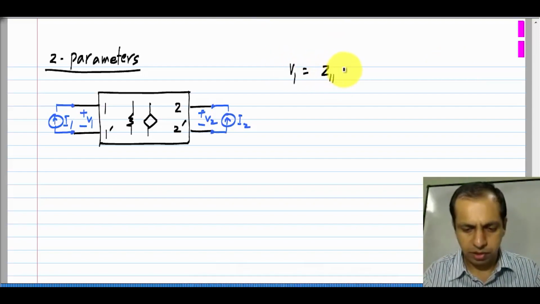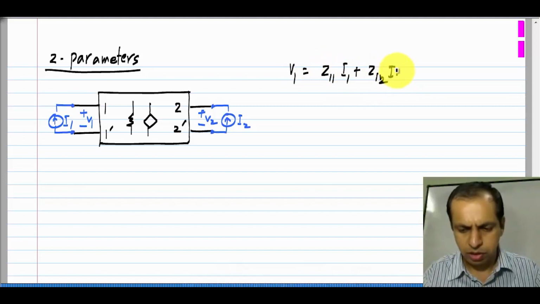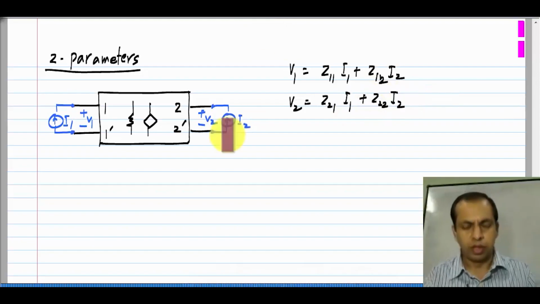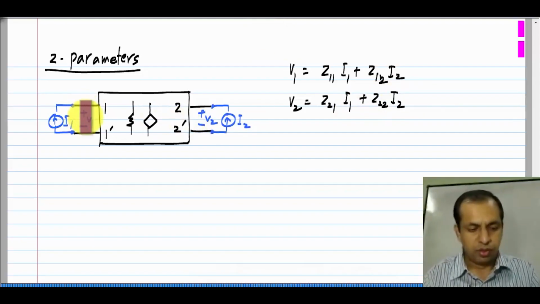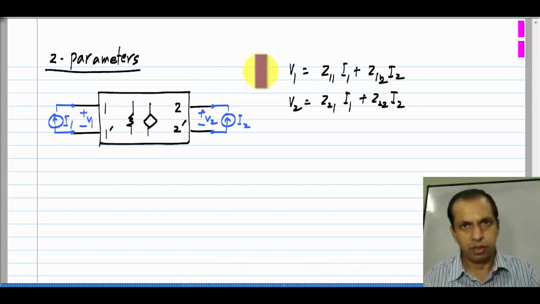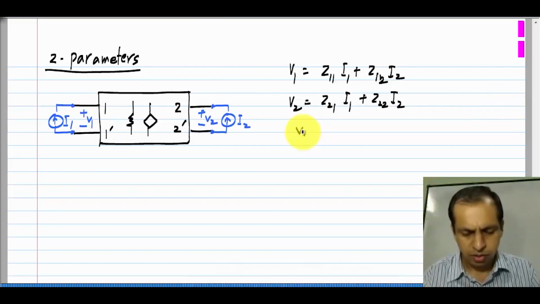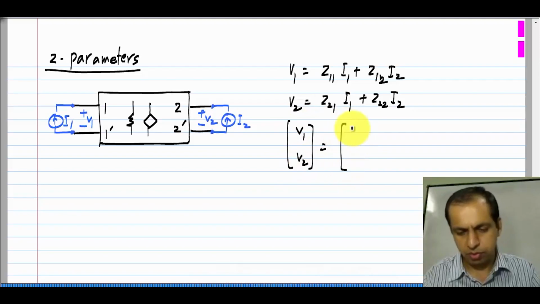V1 will be Z11 I1 plus Z12 I2, V2 will be Z21 I1 plus Z22 I2. As usual, mind the directions of voltages and currents. They follow the passive sign convention, and this is usually also represented in a matrix form.